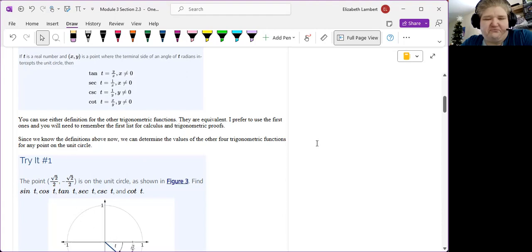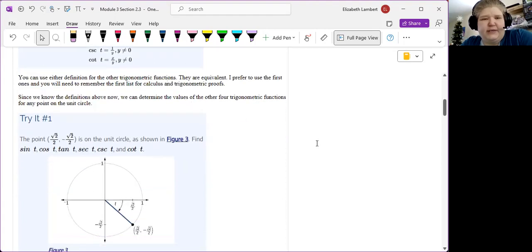For right now, they'll be pretty simple. So now that we have these definitions, though, any triangle, I can go ahead and figure out all the other trig functions for any particular angle, but also all of the ones on the unit circle.